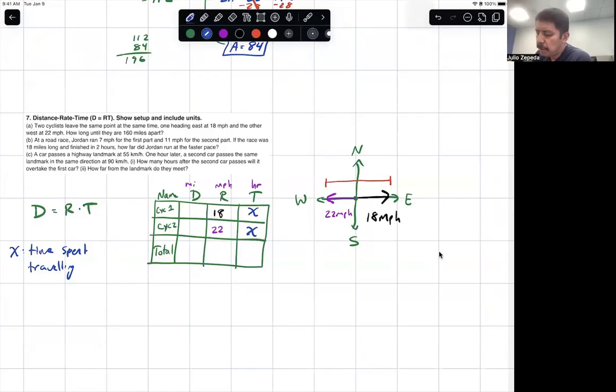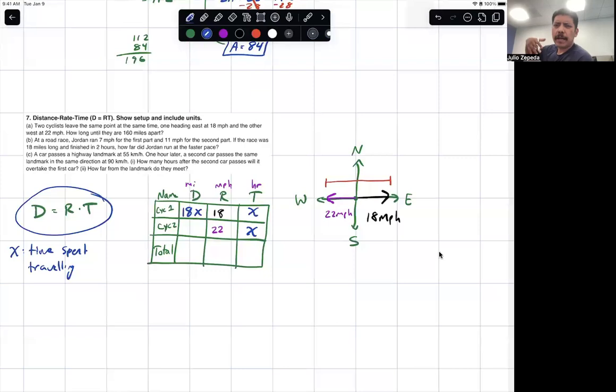And now is where we bring in our equation, distance equals rate times time. If cyclist 1 is going 18 miles per hour and they've been traveling for X hours, then the distance that they travel in X hours will be 18X miles.